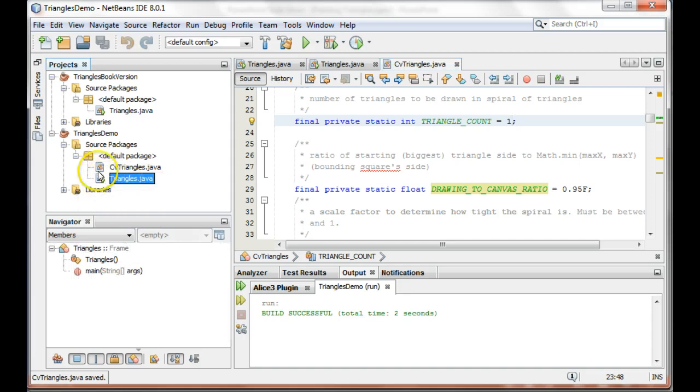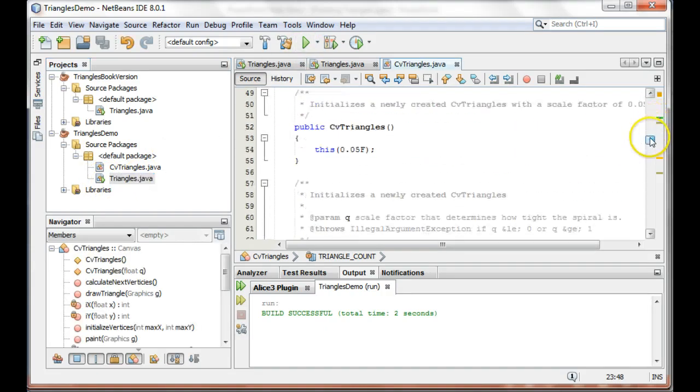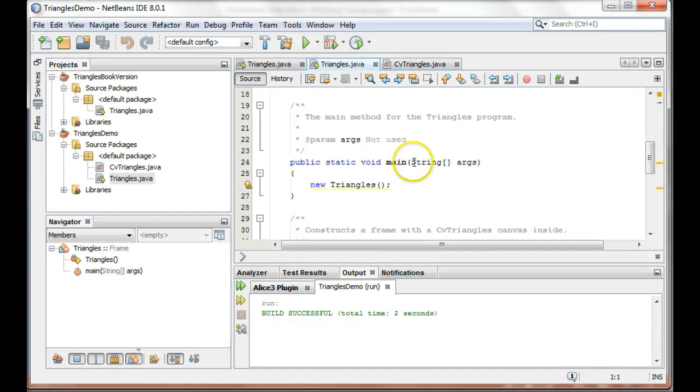And remember, when you have multiple files and you want to run the program, you need to pick the file that has the little run button next to it. That's going to be your class with the main method in it.